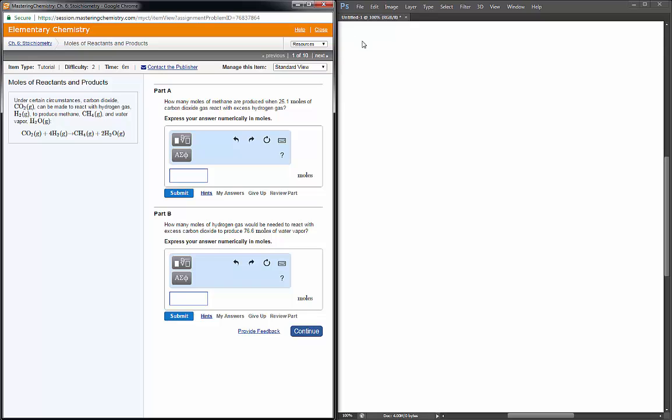They're telling us we've got enough hydrogen gas to make this work. So if I go over here, I can say I'm given 25.1 moles of CO2, and they want to know how many moles of methane, CH4. Anytime you're going back and forth between moles of different things, you're going to be using the coefficients of the balanced equation, and the coefficient between CO2 and CH4 is 1 to 1.